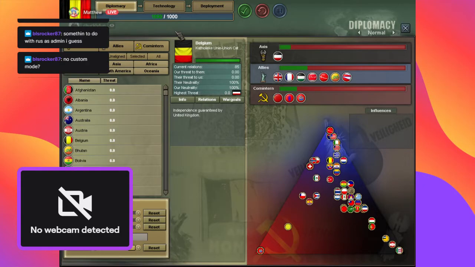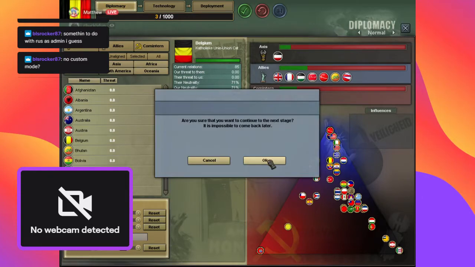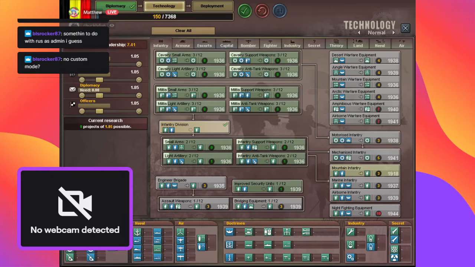Okay. So yeah, you can change. I'm just going to mess around with this. Change the neutrality to show you. Yeah, I can't go back. Okay. So this is a technology. Now the points given to you are based on the nation that you're changing. A nation that has a lot of technology will have a lot of points.